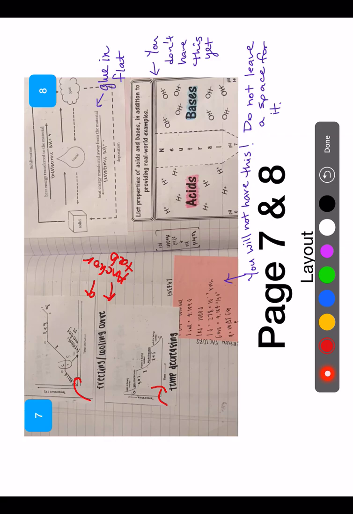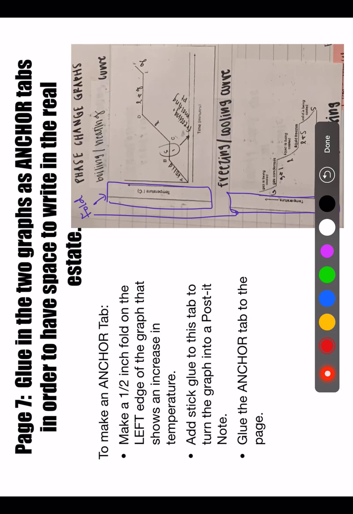You will not have the pink post-it note. You do have the picture on page 8, but you don't have the acid base one that's below that, but you will get that eventually. So here are the instructions on how to make an anchor tab.